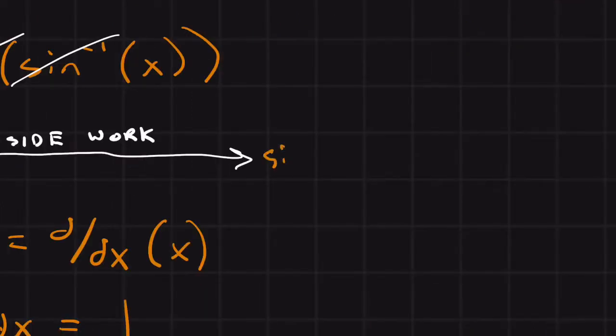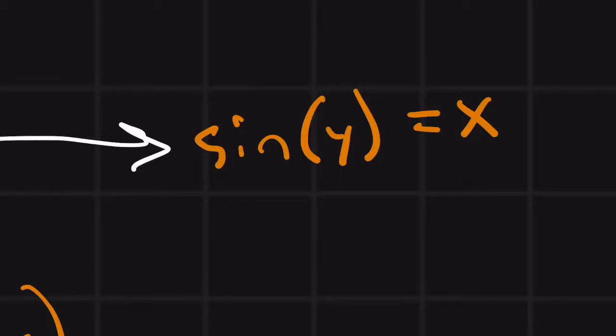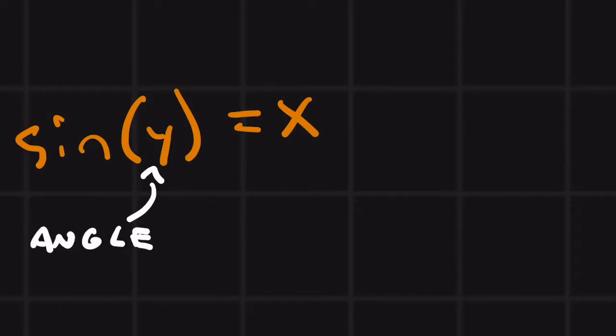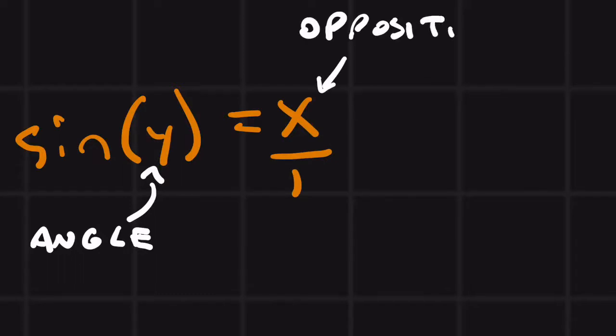So we know that sine of y is equal to x. Anything inside of your trig function, you want to treat as an angle. And then whatever sine of y is equal to, make this into a fraction. The numerator would be the opposite side of a right triangle, and the denominator would be the hypotenuse.